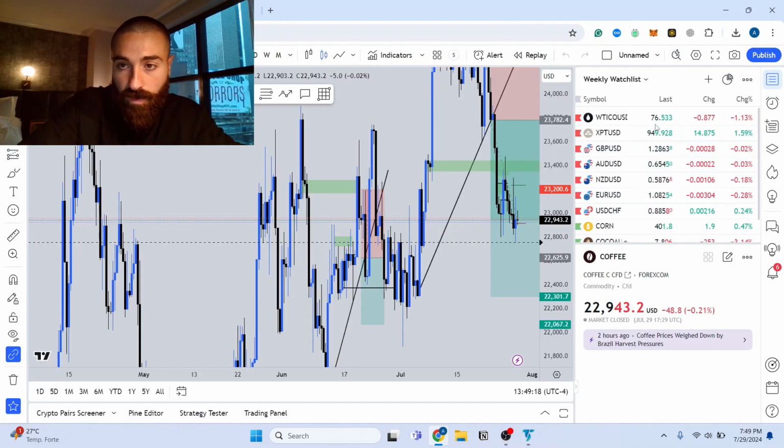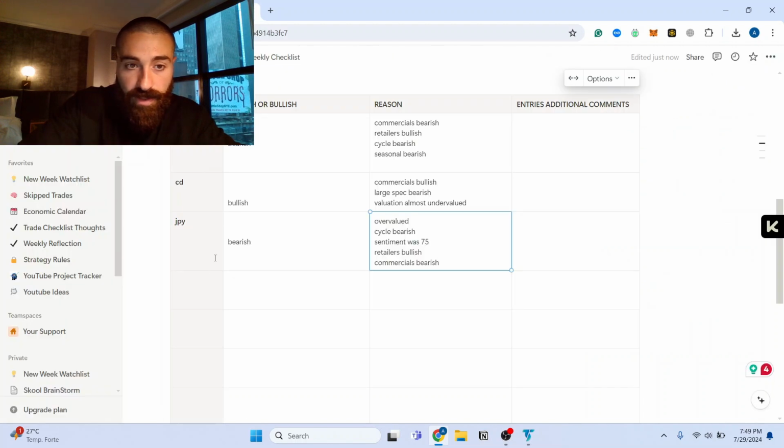What was on my watch list for the week before is all those. And now what I will do is add, let's say, GBP and JPY. GBP is bearish, JPY is bearish. We're going to see based on the technicals what to do here. You can also have USD/JPY, because USD is leaning towards bullish and JPY is leaning towards bearish.